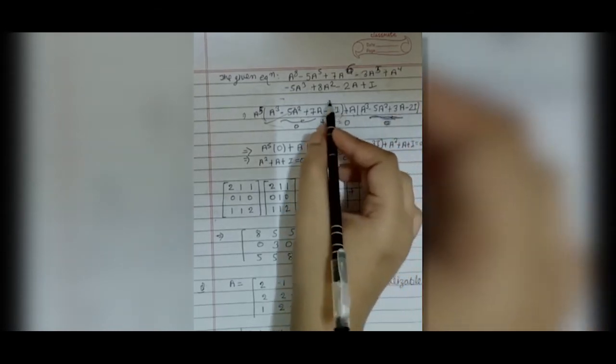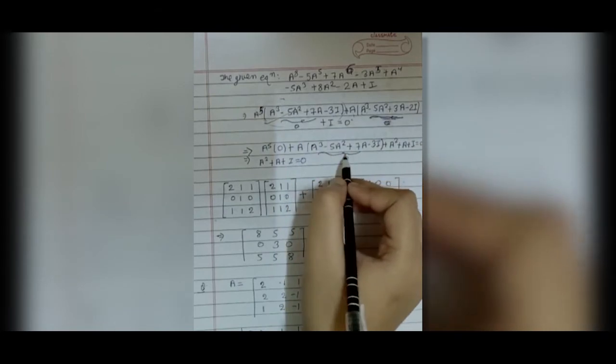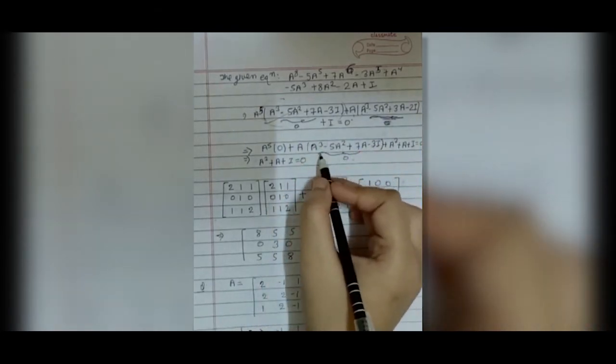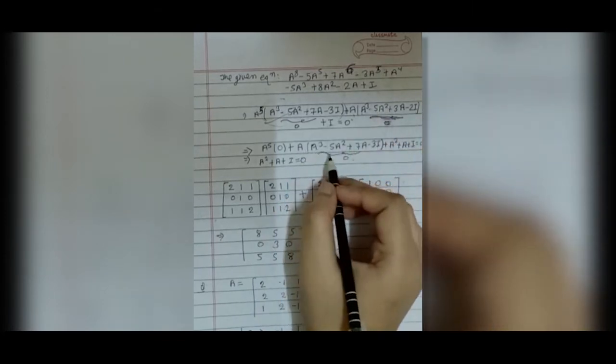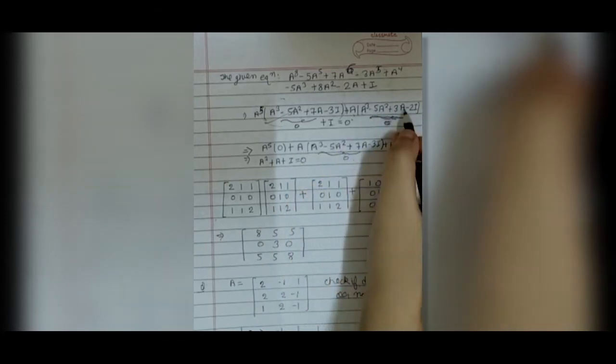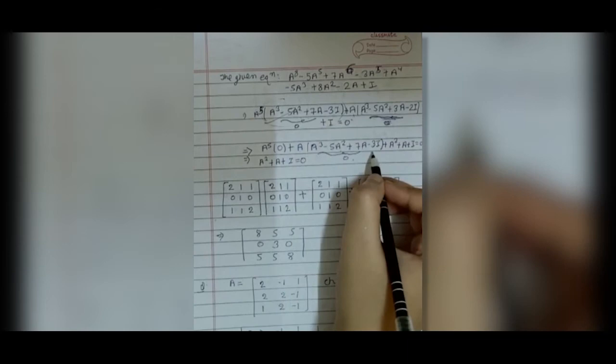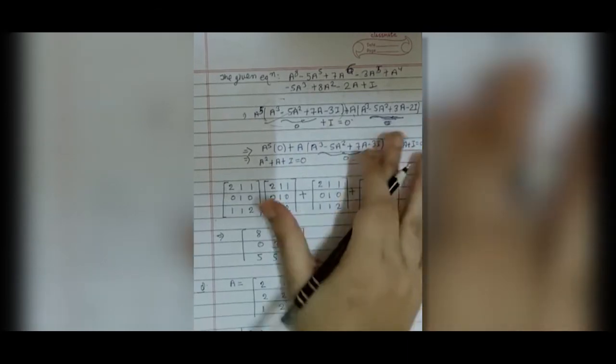Now our aim is to reduce this term also in terms of this, so that we can easily substitute 0. So what I have done is that I have simply written A cube minus 5A square, and for this 3A, I have to get 7A, so I just wrote 7A. And then I have to get 3I, so I wrote 3I. Now whatever I get extra, like I got this extra, my bad, this is 8, it was not 3.